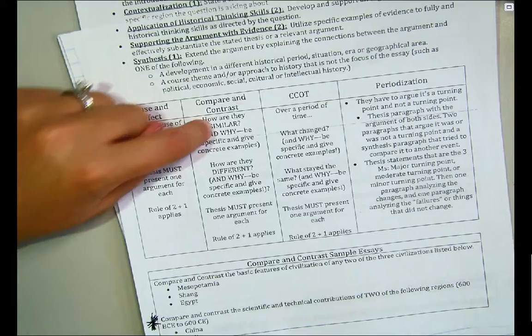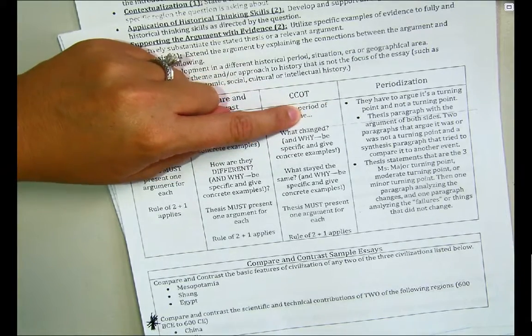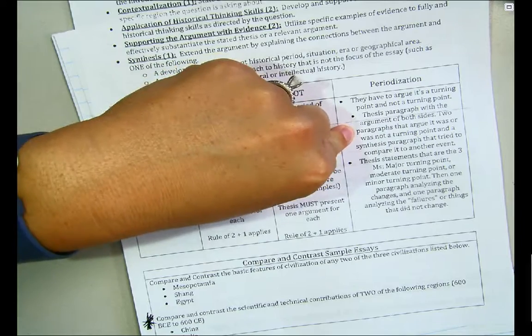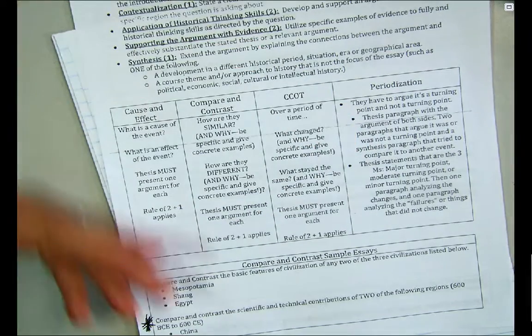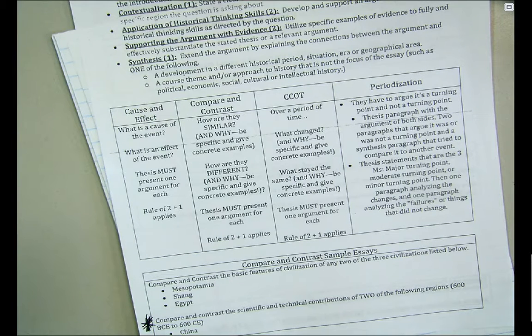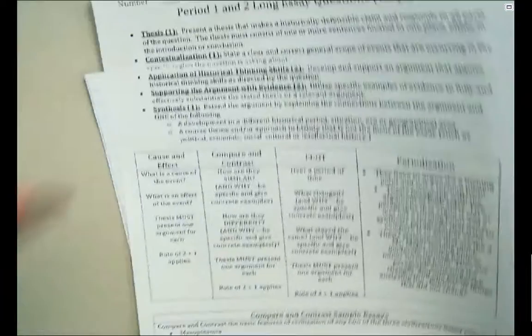It's going to have a little bit different of a formatting than a CCOT. It's going to have a little bit of a different format than periodization. So as we go, we'll have to clarify our writing formatting. However, the LEQ format that we wrote on our wall today is the basic format. And if you're following that, at least you'll score a majority of points, but we'll clarify that as we go.